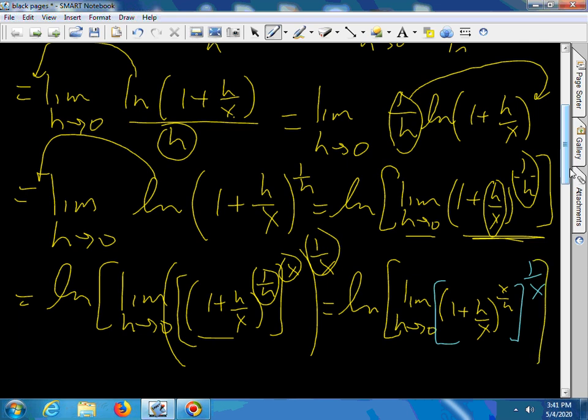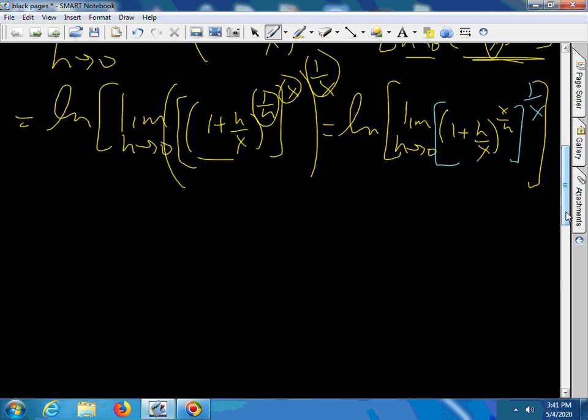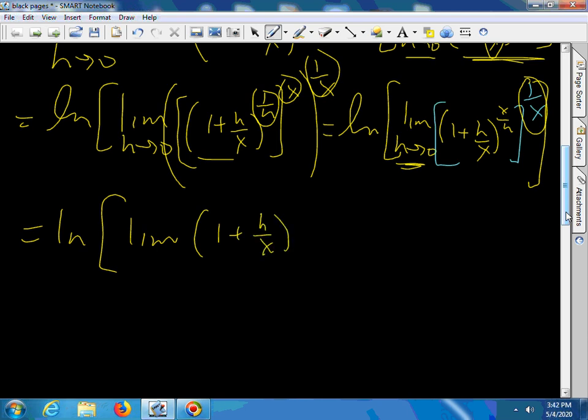Now we're going to invoke another limit rule, since this has nothing to do with h. So we still have the ln. What we can do is first take the limit, and then raise it to the 1 over x.